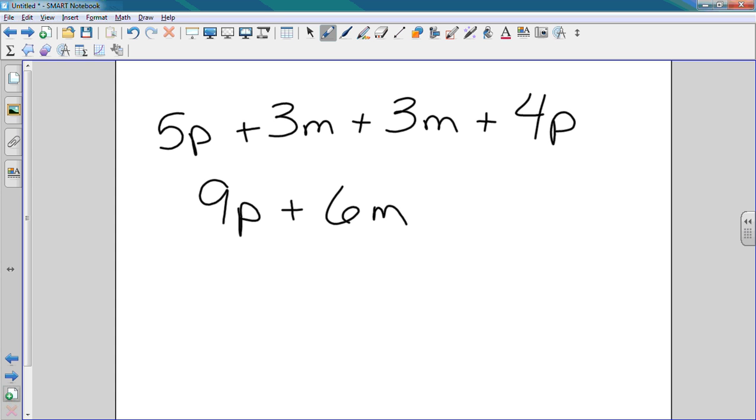We add together the ones that are the same. 5 pencils and 4 pencils equals 9 pencils. 3 markers and 3 markers equals 6 markers. We don't have 15 pencils. Okay? We have 9 pencils and 6 markers. Right?